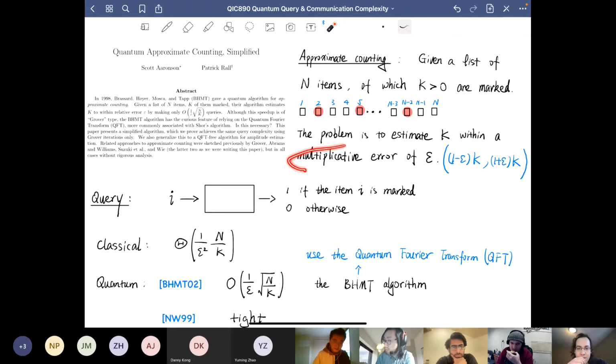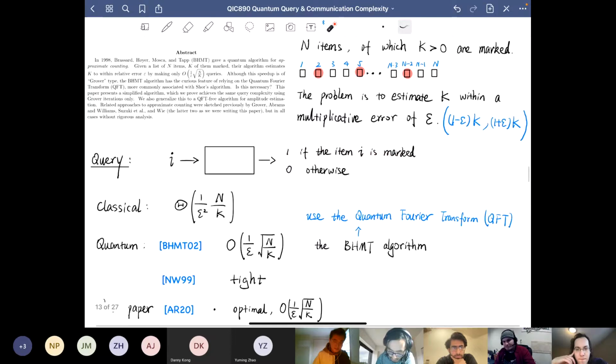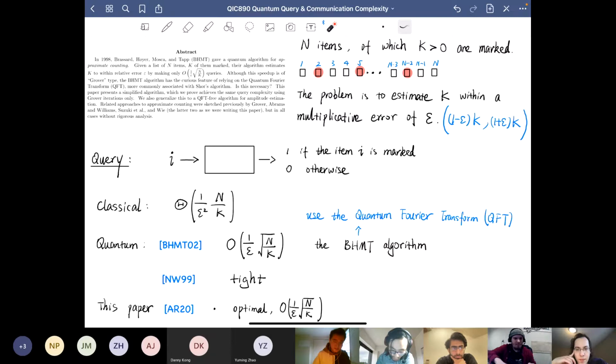Here, multiplicative error means your algorithm should output a number between k minus epsilon k and k plus epsilon k. A query of the ith item simply returns whether the item is marked or not. It is known that the best possible classical algorithm requires n over epsilon squared k queries.